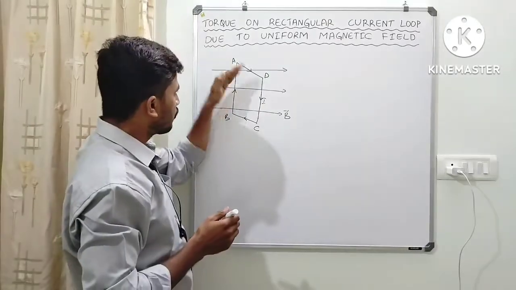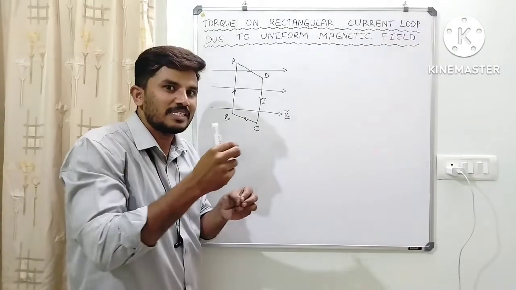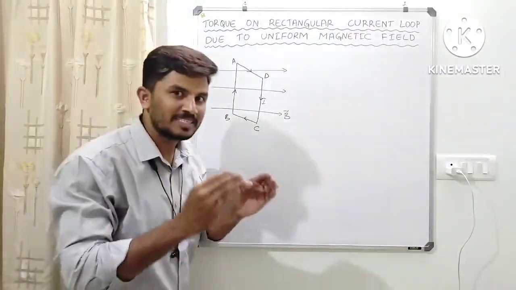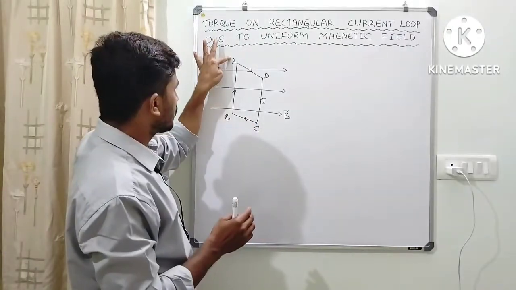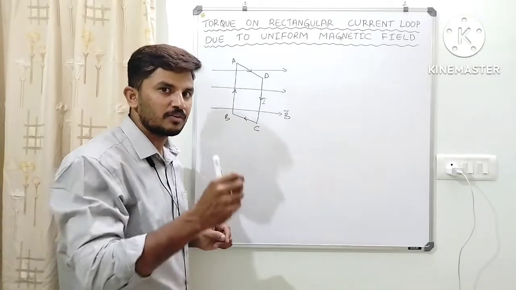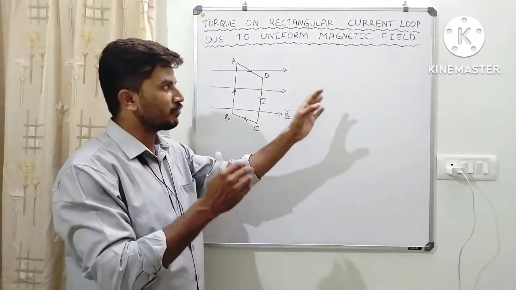All four arms of this rectangular loop experience different forces. If I use Fleming's left hand rule on the arm AB, the magnitude of force is given by BIL sin theta. Let me write the formula later.